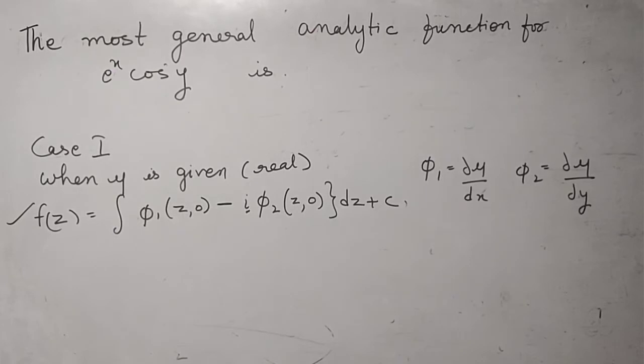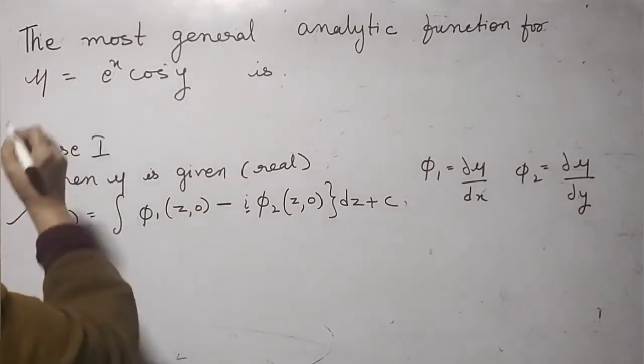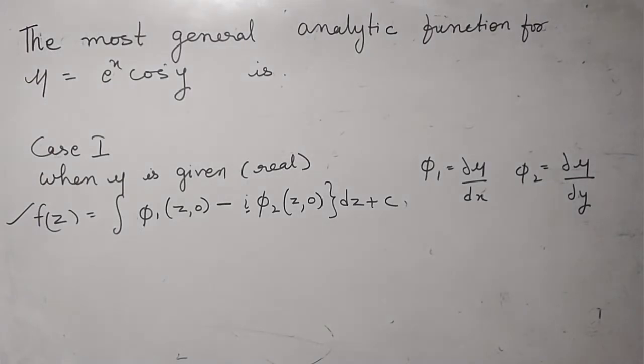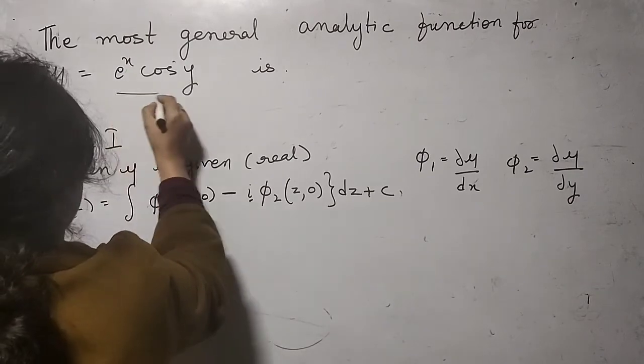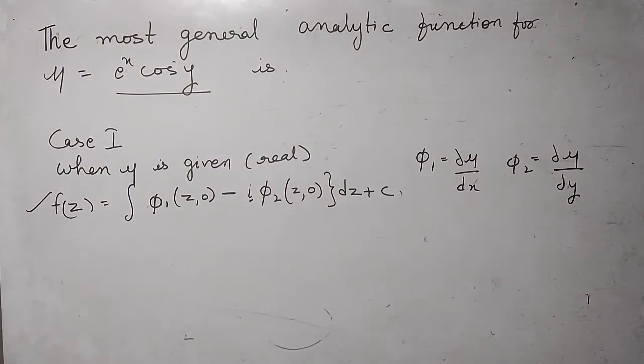Now you can also check, apply this relationship along with this equation also. Now here it is given that if the real part is given in this way, then we have to find the analytic function.